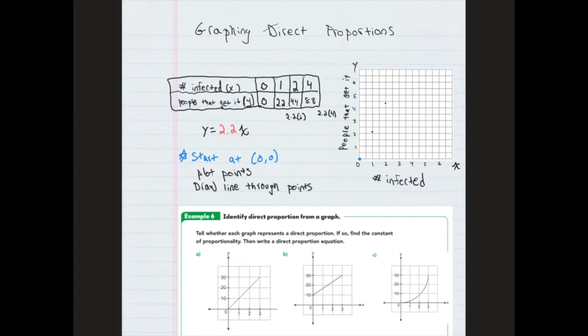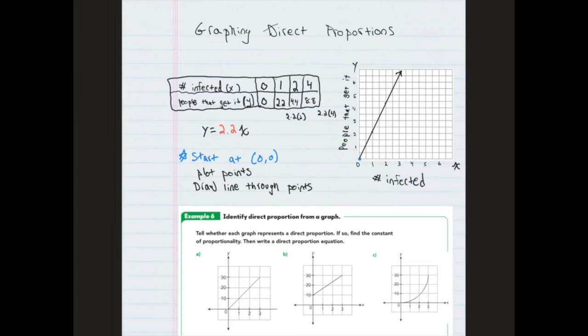So now we're going to have a line that starts at 0 and goes through those points. Technically, that line's not going to stop, so we want to put a little arrow there. We're not going to put an arrow here. It actually wouldn't go down to the negatives because you're not going to have negative proportions in this instance.